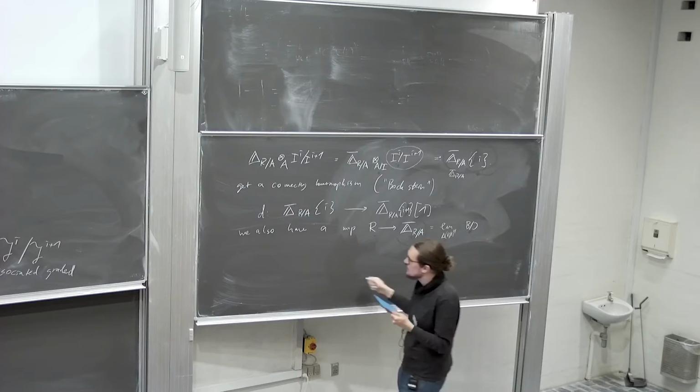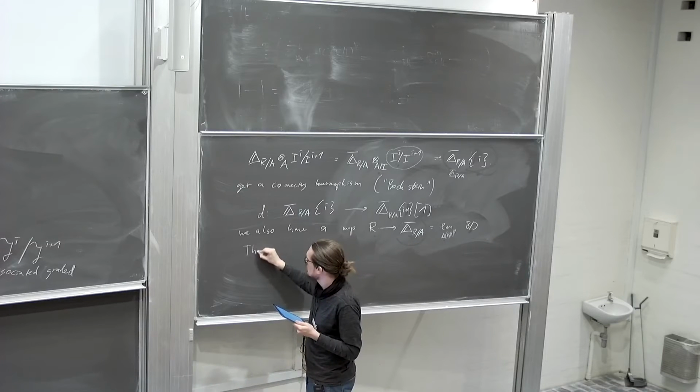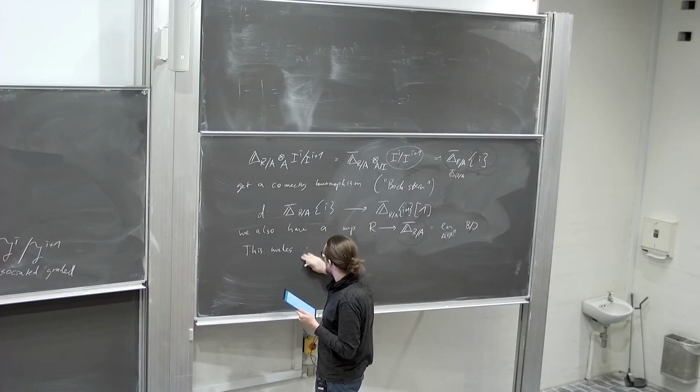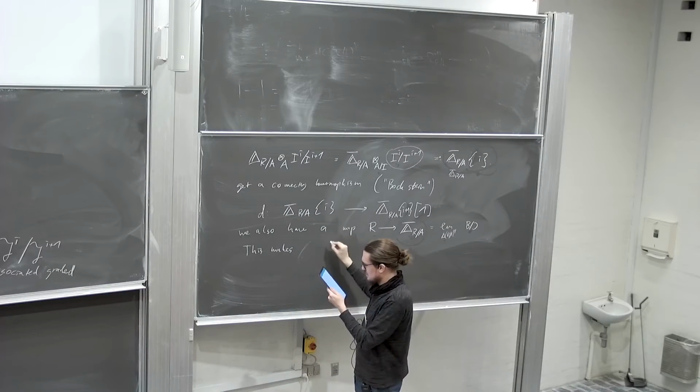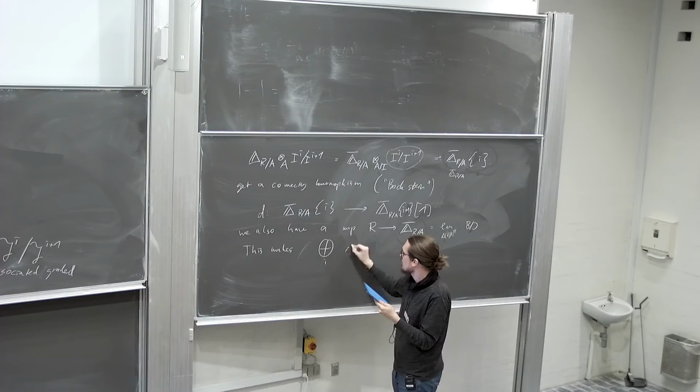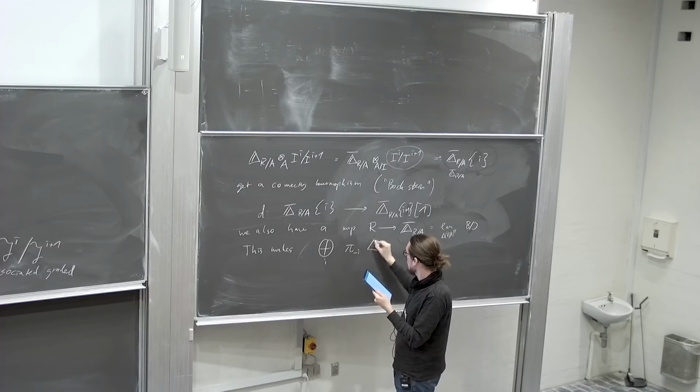So this together makes the following direct sum into a CDGA.